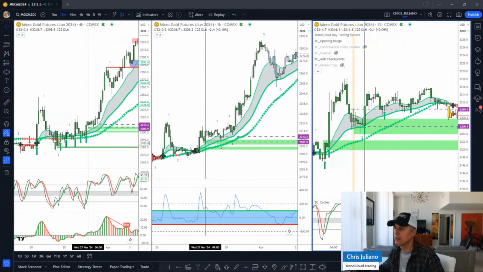I would take a snapshot of that right there. Right there is your perfect trade setup.